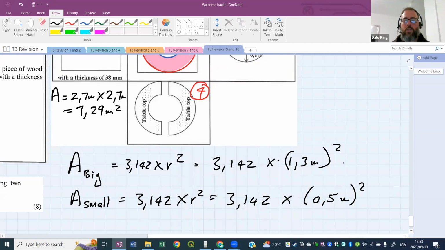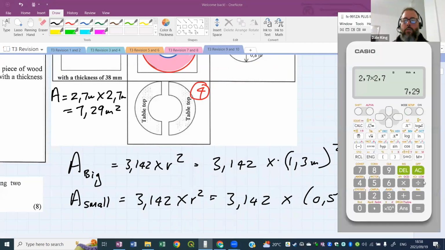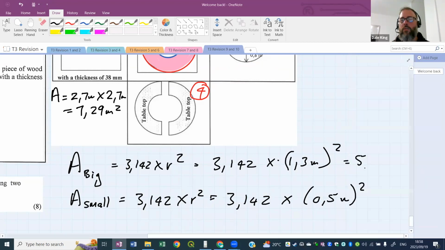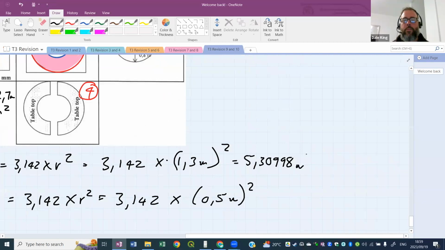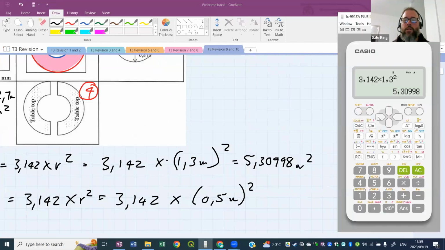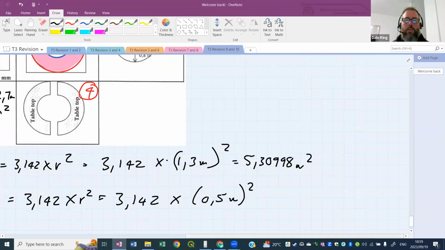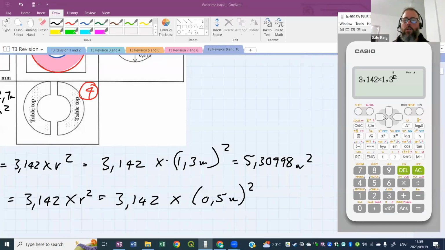Okay. So let's do the top one first. So 3.142 times 1.3 squared gives me 5.30998 meters squared. And the small one just needs to change to 0.5.